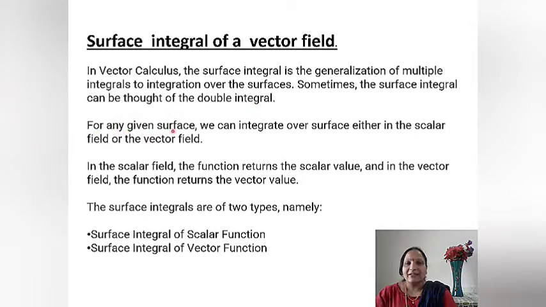For any given surface, we can integrate over the surface either in a scalar field or in a vector field. In the scalar field, the function returns a scalar value, and in the vector field, the function returns a vector value. There are two types of surface integrals: one is the surface integral of a scalar function and the other is the surface integral of a vector function.